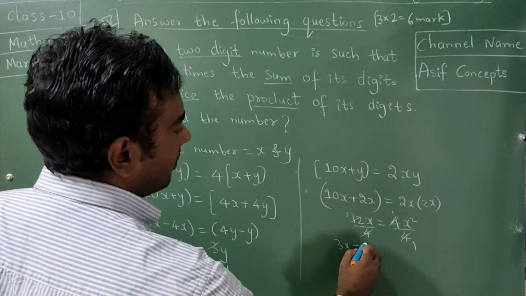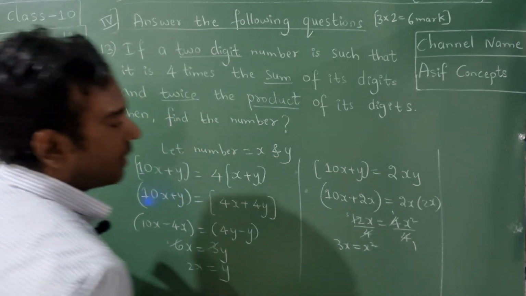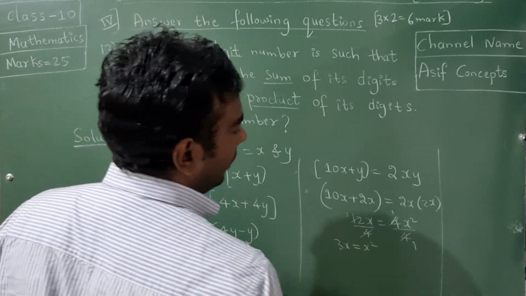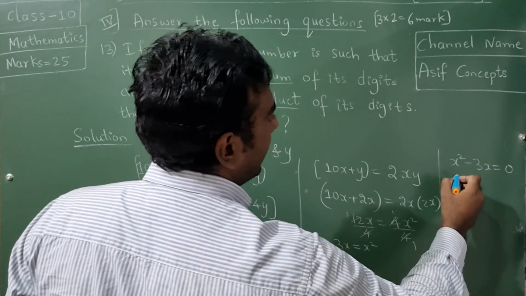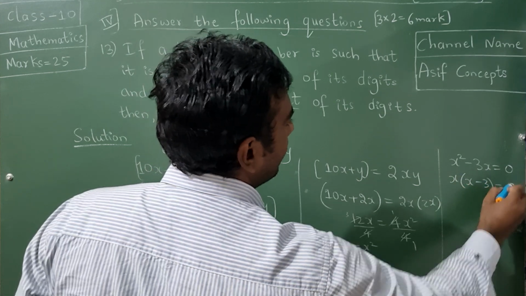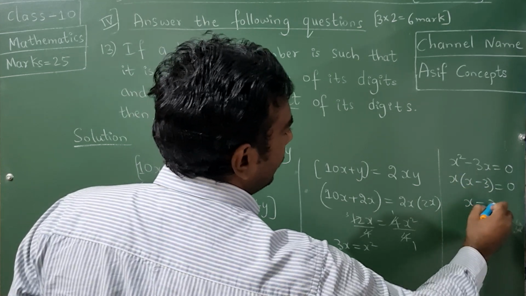So 3x is equal to x square. Take this 3x on the left hand side, it will become minus. Now take x common, so x into x minus 3 is equal to 0. Now x is equal to 3.